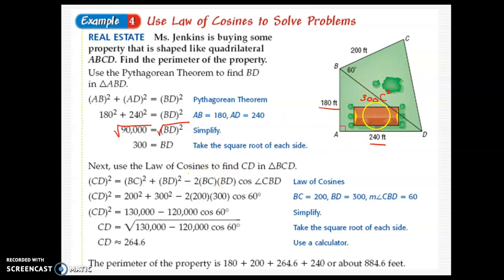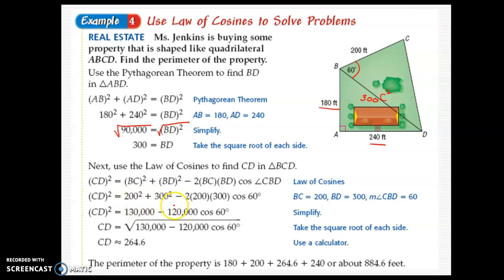Now, that doesn't help you much in terms of your perimeter, but it will help you get this final side over here. Your law of cosines, CD squared equals BC squared plus BD squared minus 2BCBD, and the cosine of CBD, which is 60 degrees.